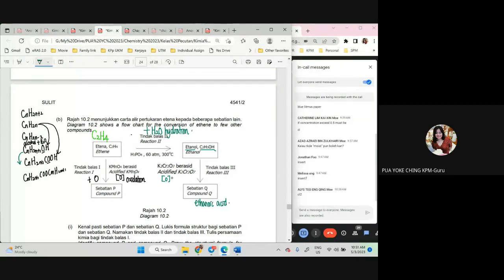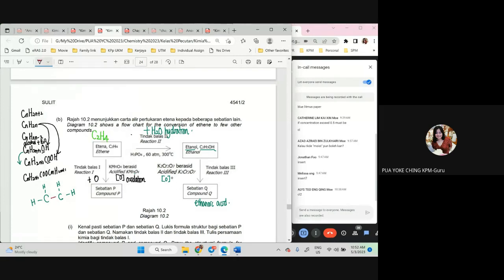Okay? Dia ialah oxidation betul, tambah O betul, but it's not go to the acid first lah. It's like this, C double bond C. Asalnya macam ni. Okay. Then, buang the double bond.